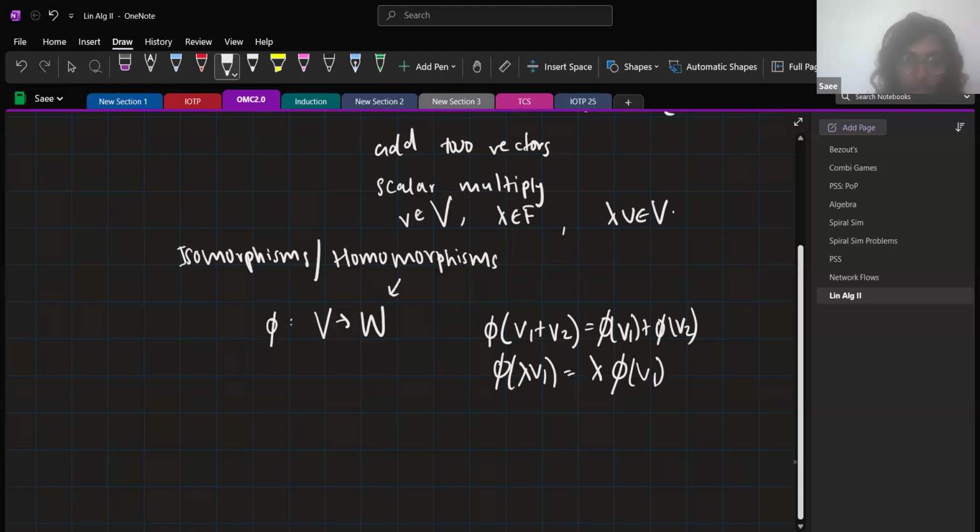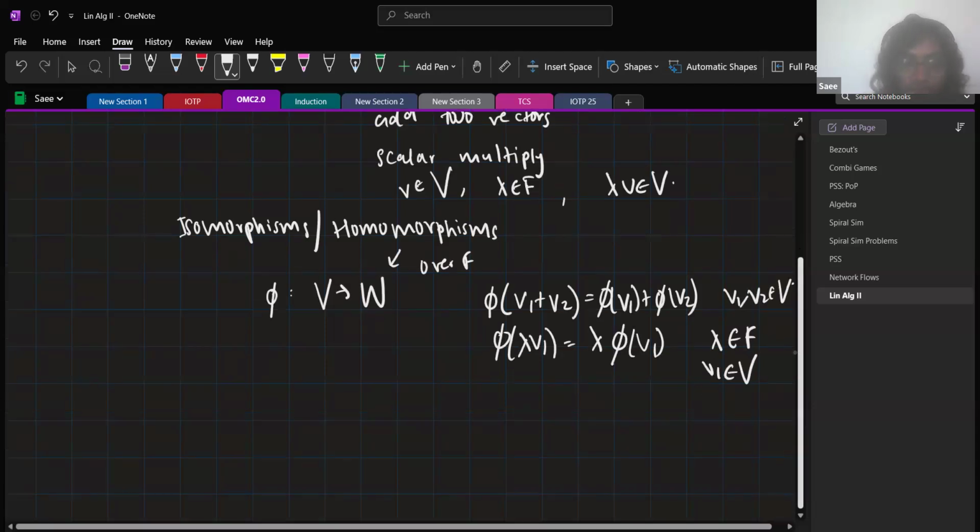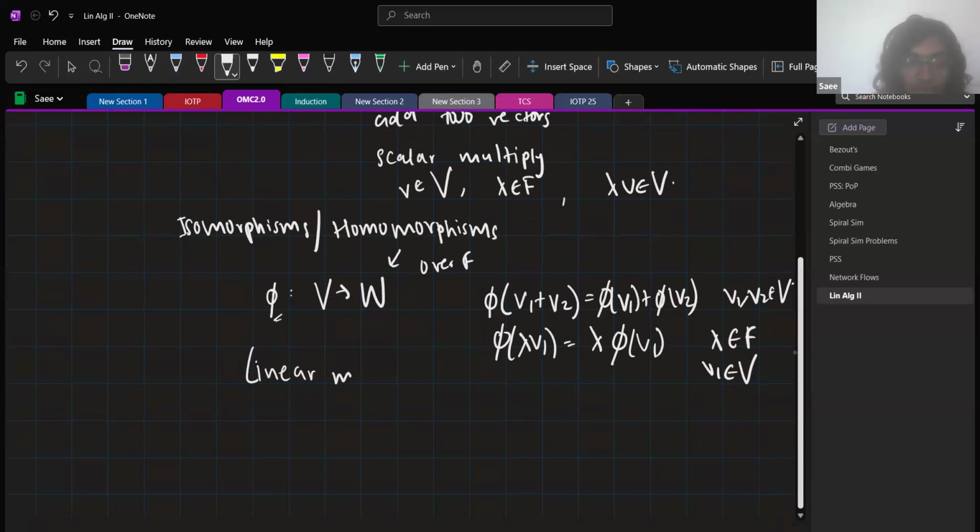Let's say both of these are over F, with lambda from F and v1, v2 from V. Such a phi is called a homomorphism, also known as a linear map.